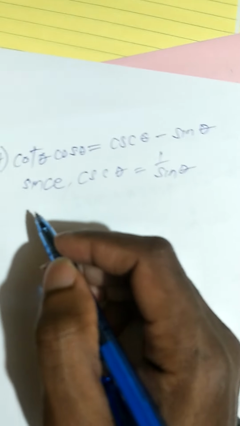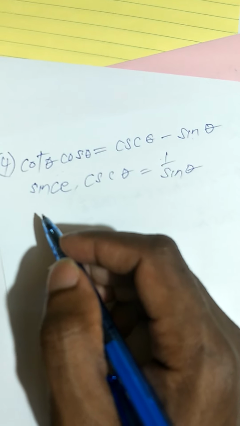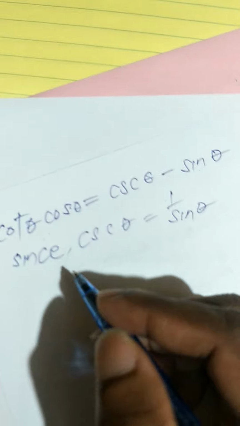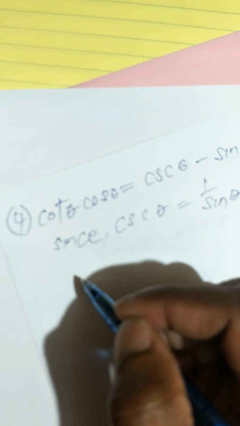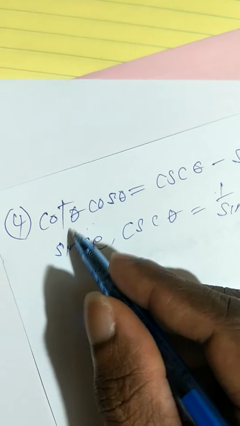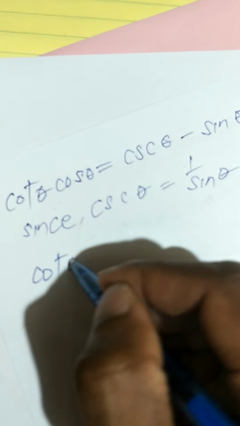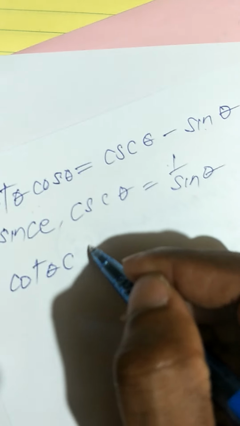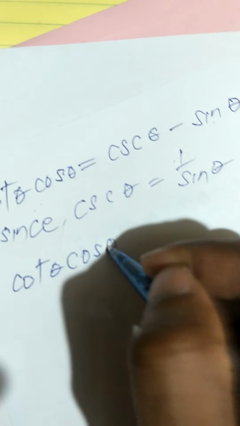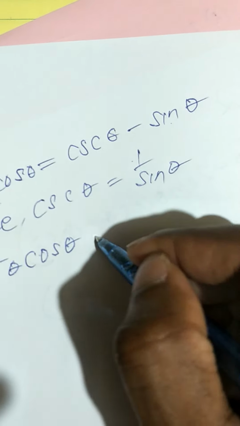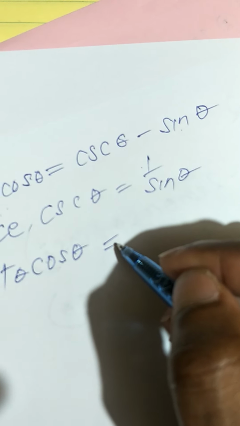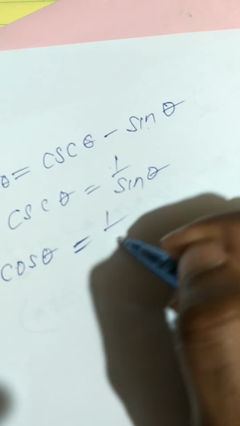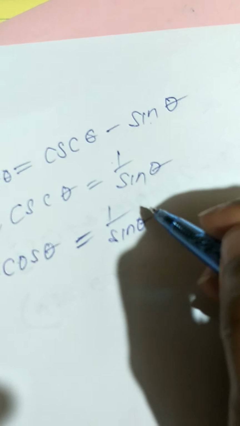Since cosecant theta is equals to 1 over sine theta, now I'm going to continue. Let's copy down: cot theta cosine theta is equals to 1 all over sine theta.